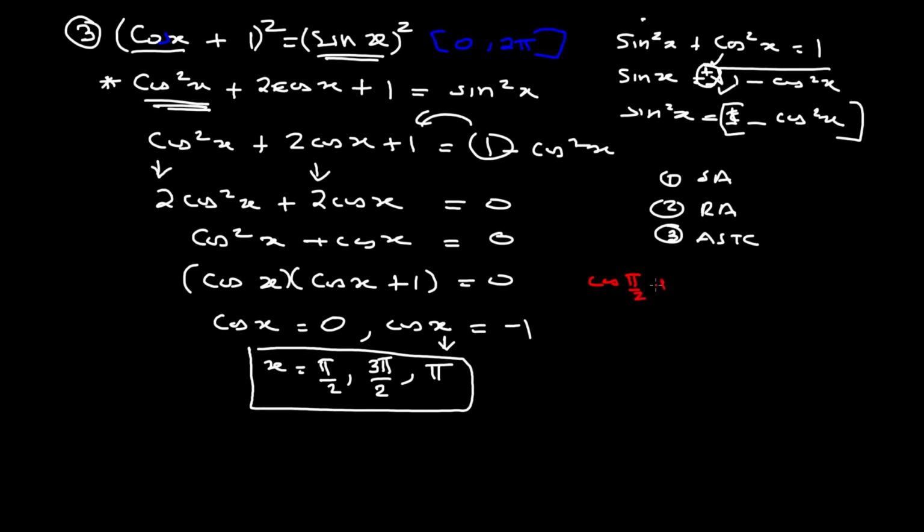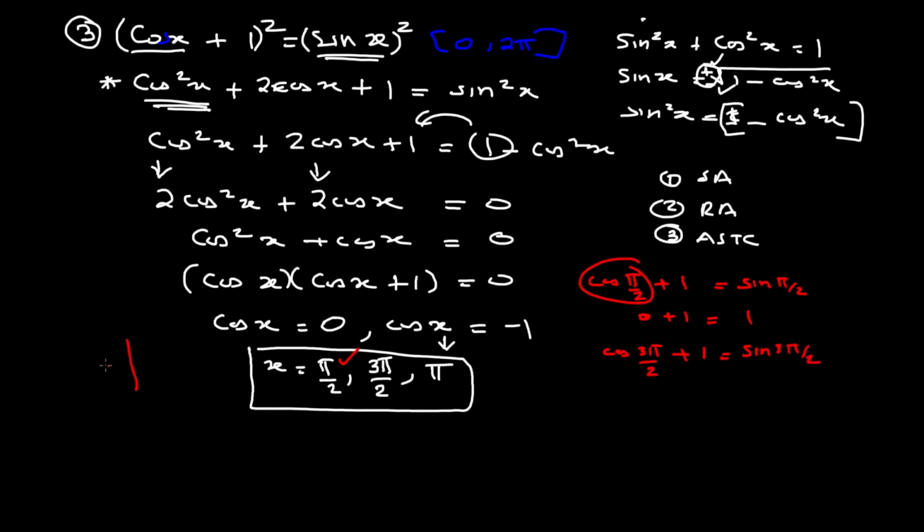Our original equation was cos x plus 1 is equal to sine x. So for pi over 2, which is 90, cos 90 is 0, plus 1 is equal to 1, which equals sine 90. So we'll say that this is okay. Then we can go and check cos 3 pi over 2 plus 1 is equal to sine 3 pi over 2.